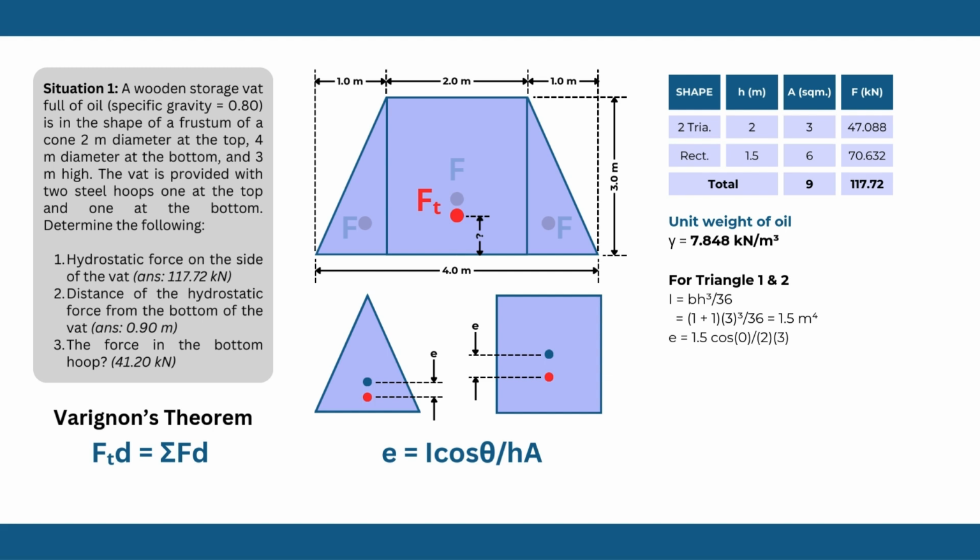So I is equal to 1.5. For our theta value, that is just the angle of the direction of force with the horizontal. So since horizontal na mismo yung force natin, 0 degree angle lang siya. Then yung h bar A is written in our table values na. So with this, we would get an eccentricity of 0.25 meters.